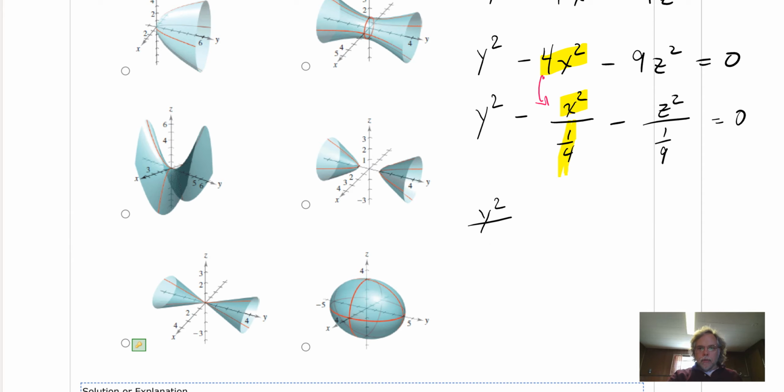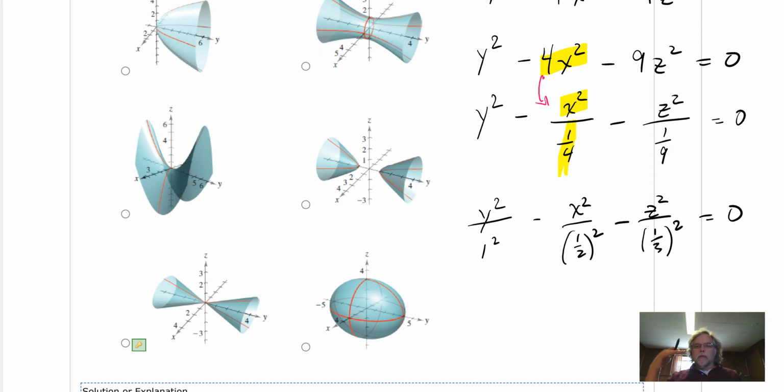So this would be y squared over 1 squared, x squared over 1/2 squared minus z squared over 1/3 squared equals 0.